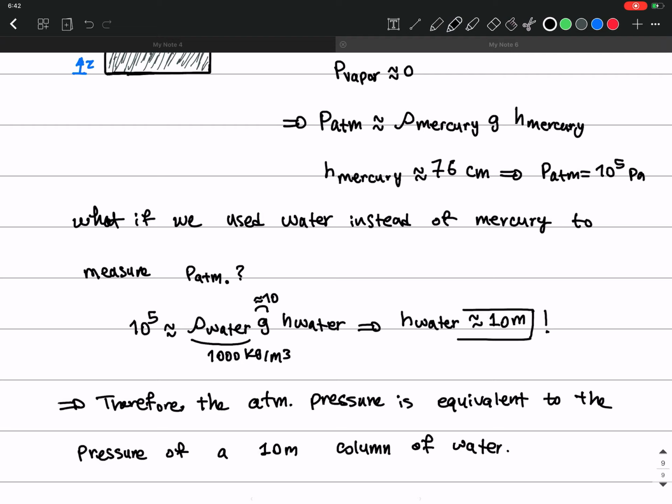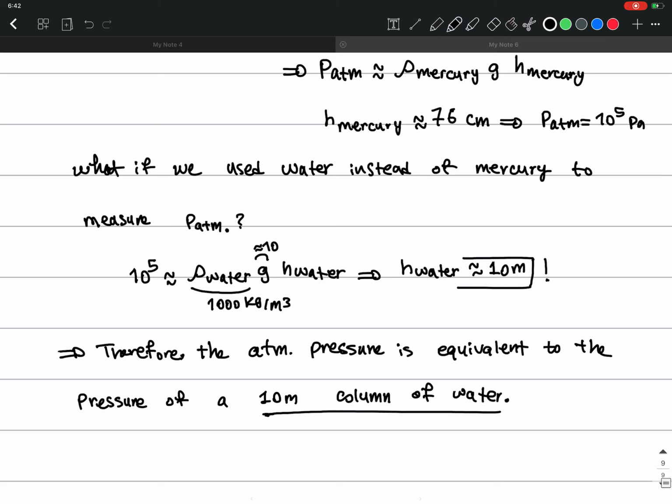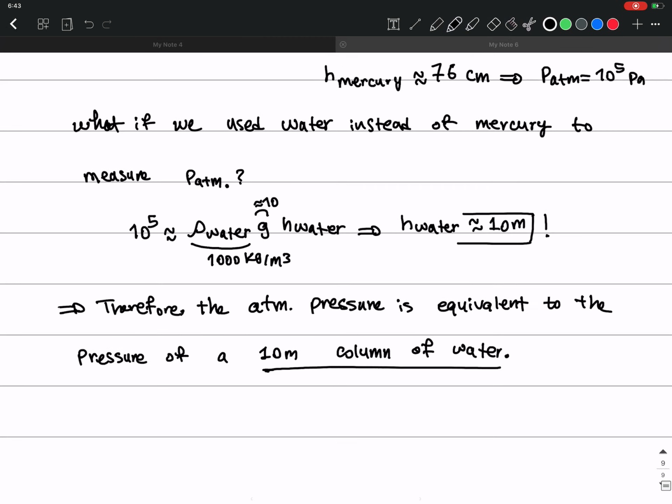This is a very important concept that you need to know. If you don't remember the atmospheric pressure, you can just imagine a 10 meter column of water, okay? 10 meter column of water.